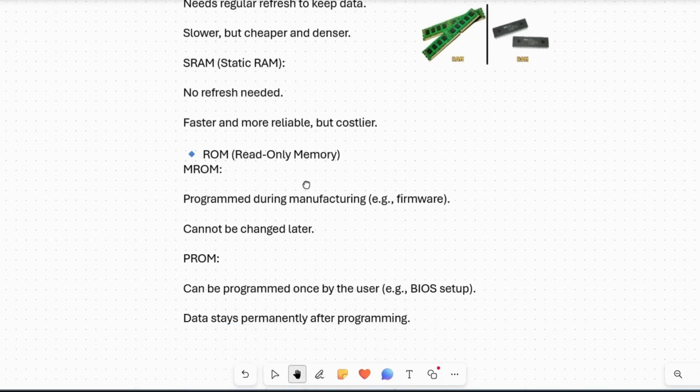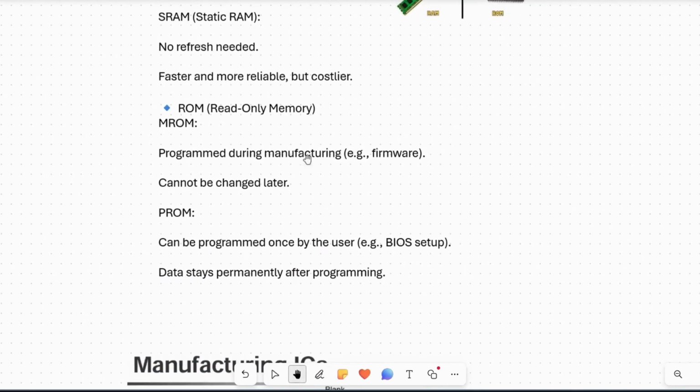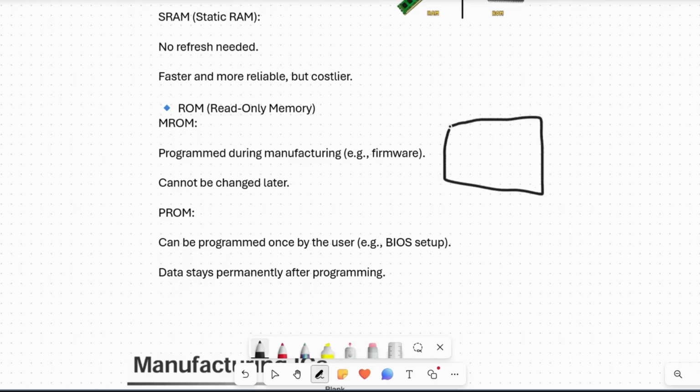Talk about ROM, read-only memory: MROM and PROM. MROM is programmed during manufacturing, just like firmware, and cannot be changed later. For example, your router: the firmware is already set up in your router. After this setup, you cannot update or manipulate this firmware.